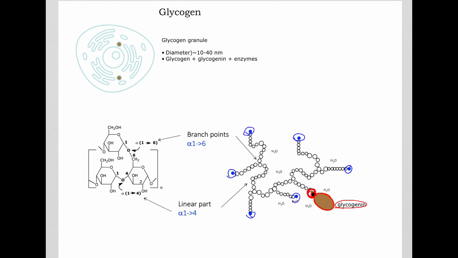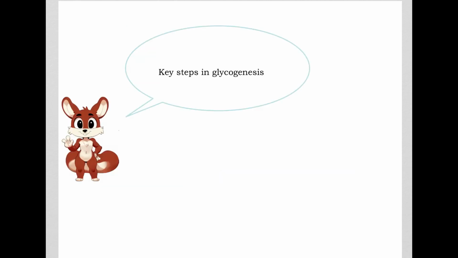So glycogen has many non-reducing ends. And that's important because you'll see glycogen synthesis as well as glycogen degradation occurs at these points here. Okay, with that background, let's look at the key steps in glycogen synthesis.